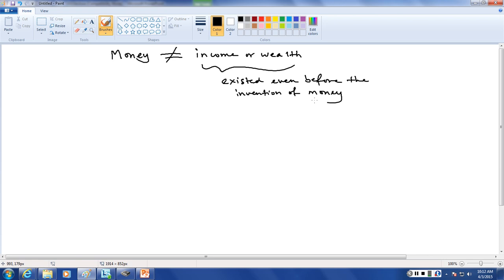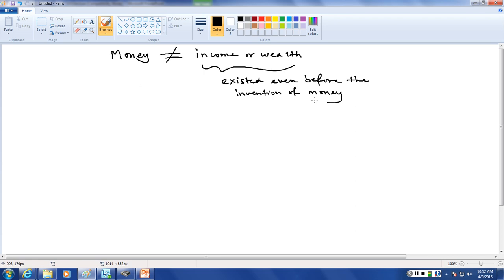Now, what about income? Back in those days, in pre-money times, income took the form of some type of produce. Right? If you were a farmer, your income took the form of the grain that you were growing. Right? If you were a shepherd, your income may take the form of bags of wool. Right? So my point is that money and income and wealth are separate things.